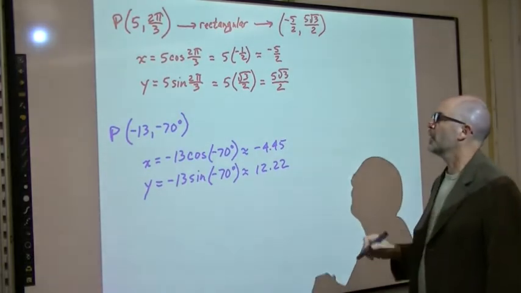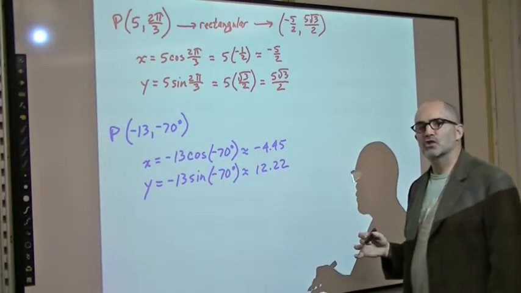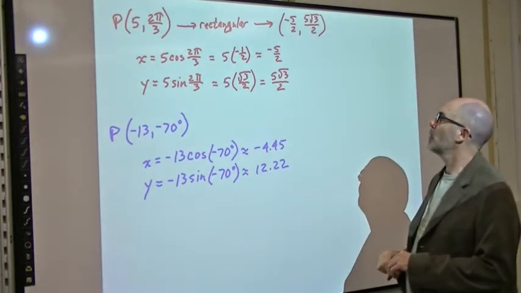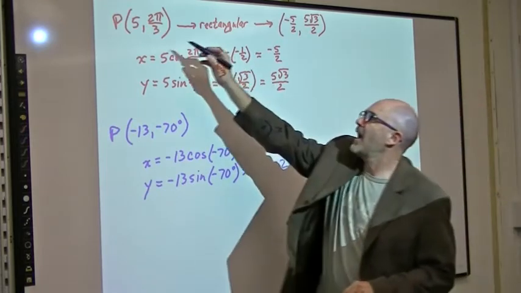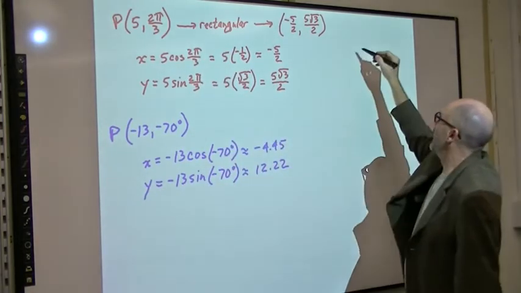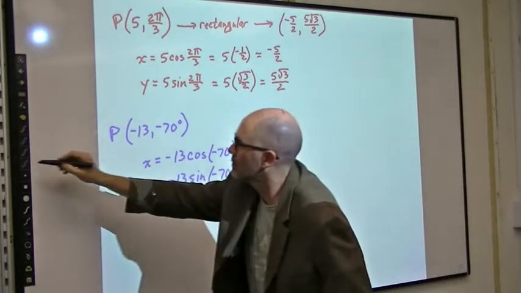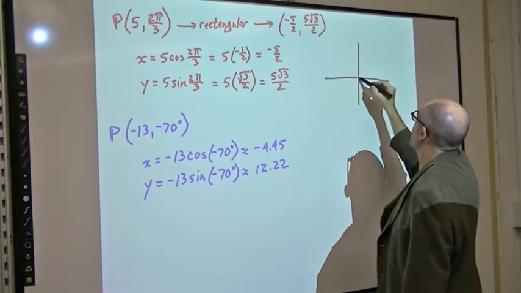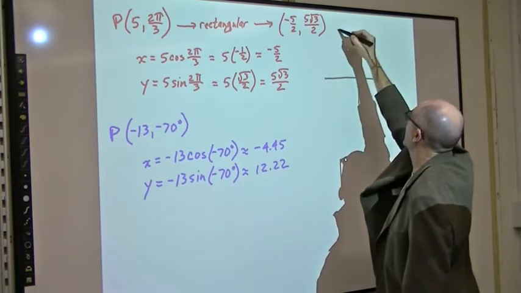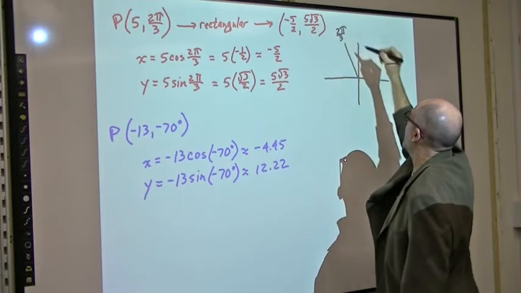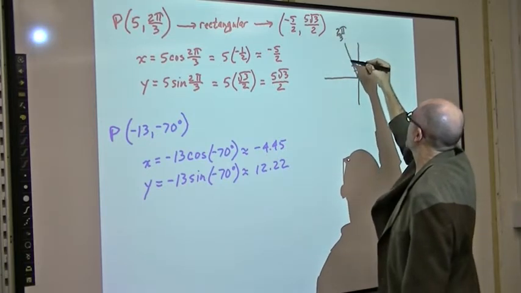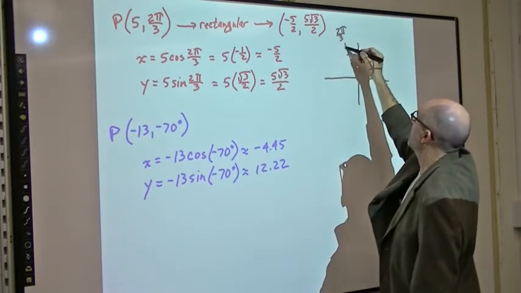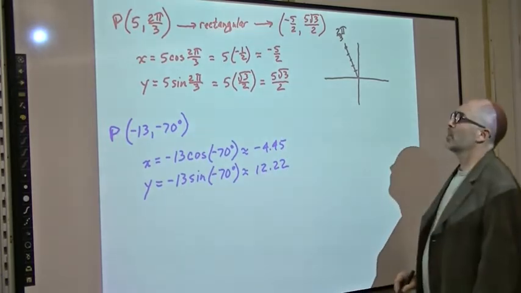Now, with both of these, we really should test it out to make sure we have it in the right place. So, if I look at my 5 at 2 pi over 3, where is that? Well, 2 pi over 3 goes up here, and it's going to be 1, 2, 3, 4, 5 up there. So there's my 5 at 2 pi over 3.